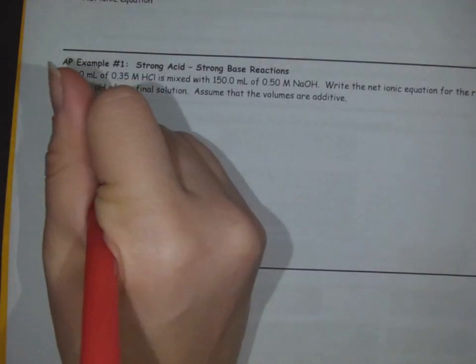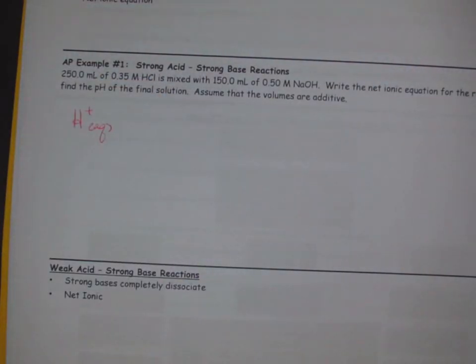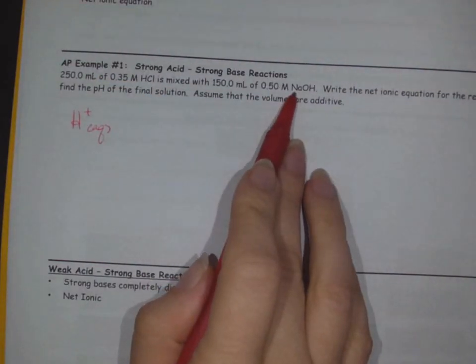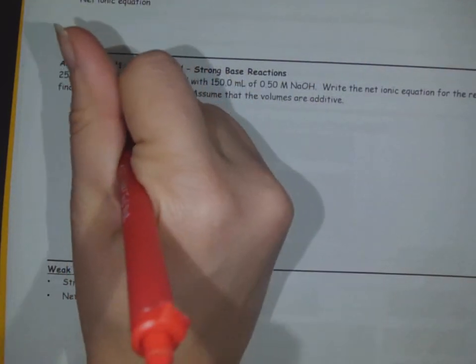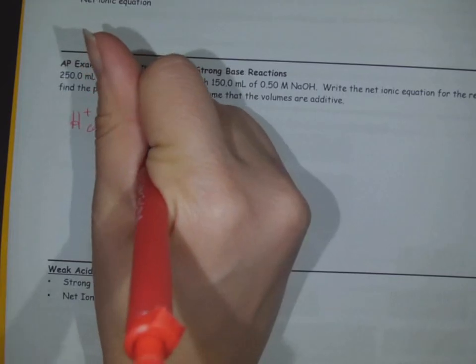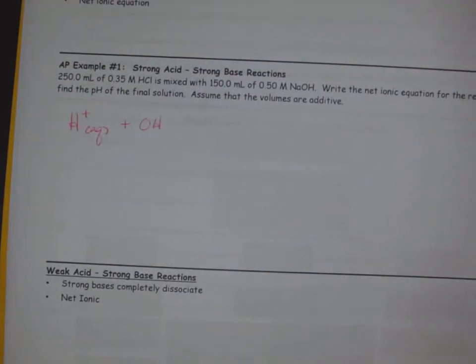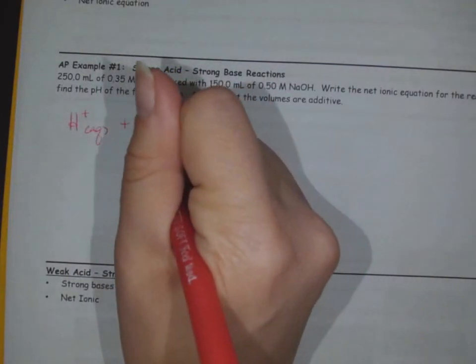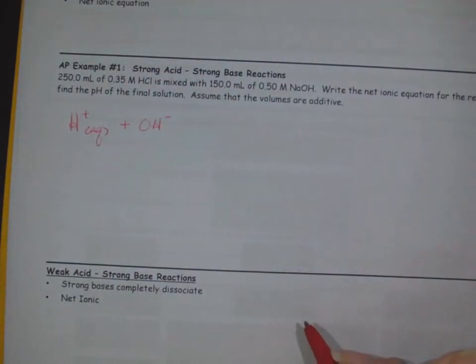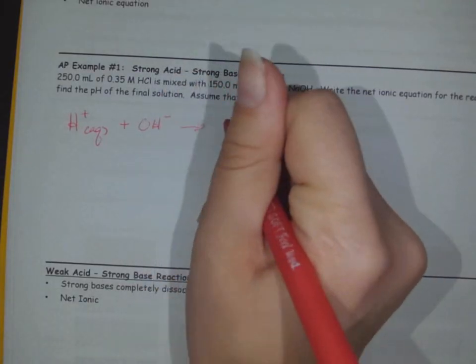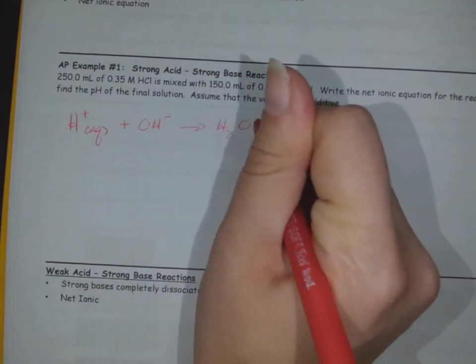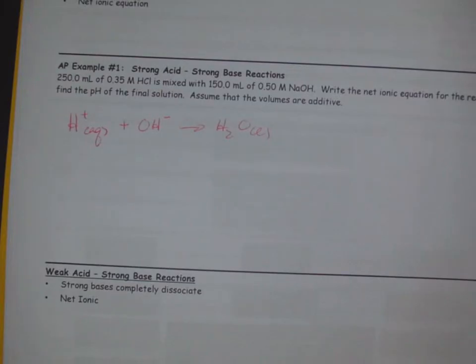So H+ aqueous is mixed with sodium hydroxide. That's a strong base, and again, when we have a strong base, we don't have to include the sodium, the metal part. We can change it right to an OH minus. So our H+ and our OH minus are going to turn into H2O liquid.